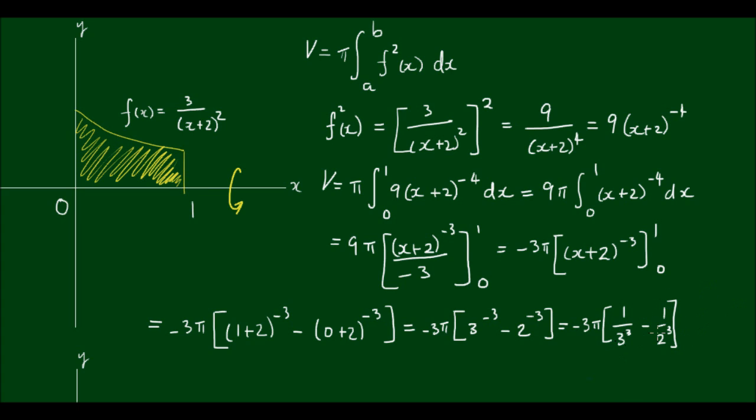And these fractions evaluate to negative 3 pi times 1 on 27 minus 1 on 8. And now I have to get a common denominator between this 1 on 27 and 1 on 8.